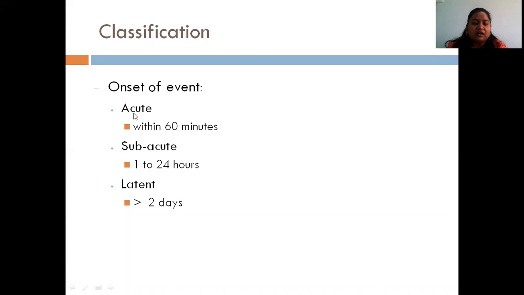Acute ADRs occur within 60 minutes. Subacute ADRs occur within 1 to 24 hours of drug use. Latent is more than two days: if the drug is used for more than 2 days, then the ADR has been proposed.